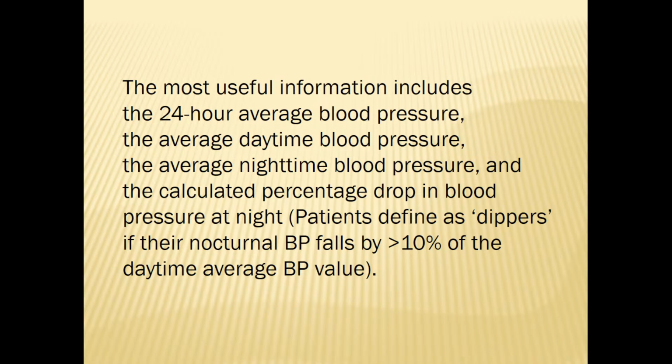At night, the average nighttime blood pressure is also calculated, and at daytime. In a normal situation, in a healthy person, nighttime blood pressure is usually lower than daytime blood pressure, and normally it falls by 10-20%.